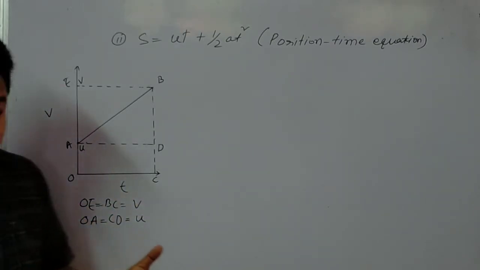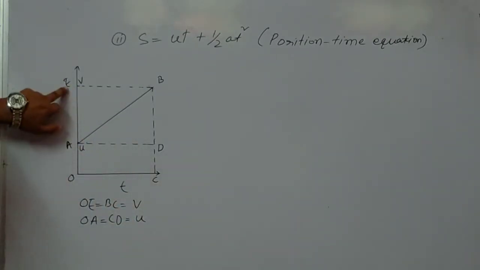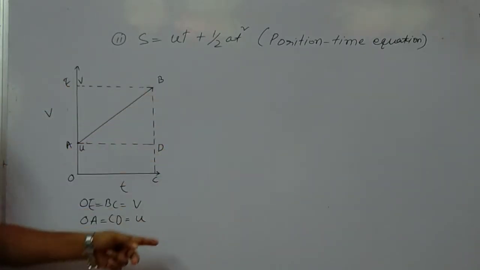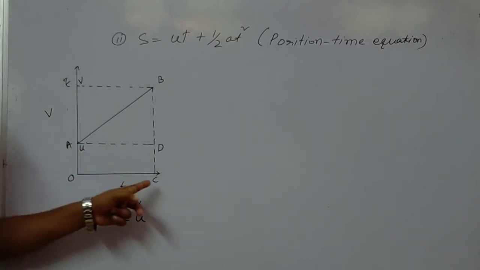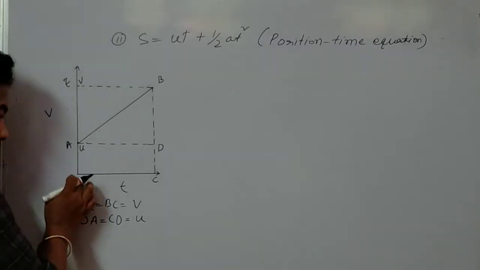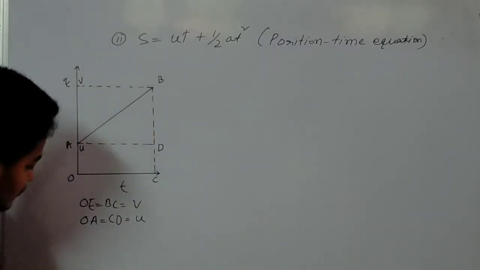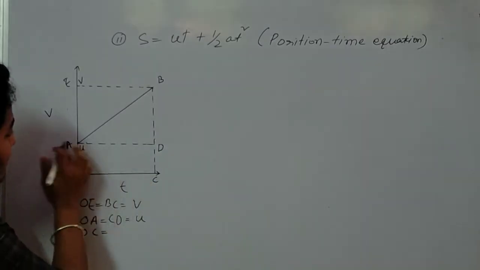Let's be sincere about these assumptions. OE and BC are the same, the final velocity. OA and CD are your initial velocity. So OC and AD are also going to be equal. You can write OC is equal to AD.